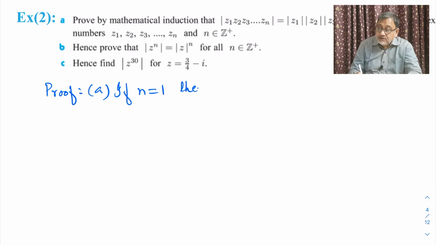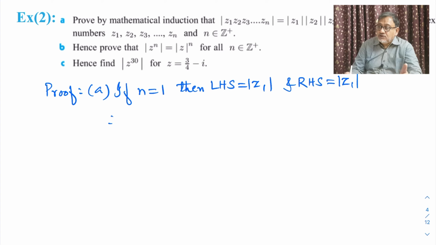So left hand side is equal to modulus of z1 and right hand side will also be modulus of z1 because only one complex number is there. So therefore P of 1 is true. Okay. So we have proved the first part, the first step. Let me write here first step.